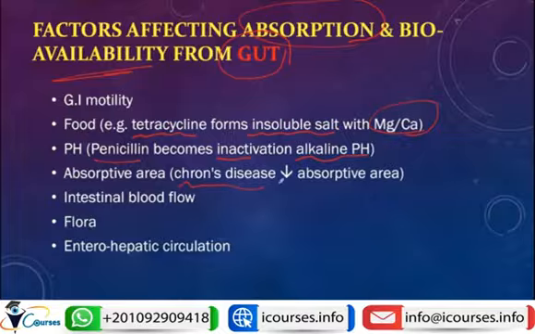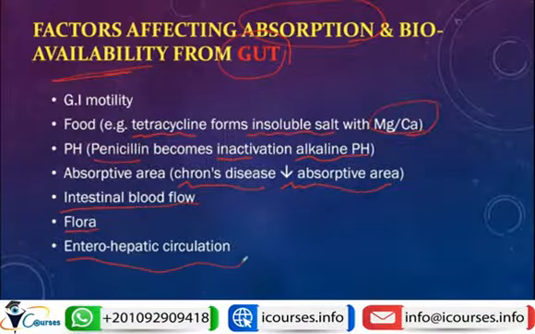In Crohn's disease, this will not happen, as there will be a decrease in the absorption area. Intestinal blood flow also, if it increases, will increase absorption. Intestinal flora and also enterohepatic circulation, if excessive, will increase the elimination of the drug, leading to decreased bioavailability.